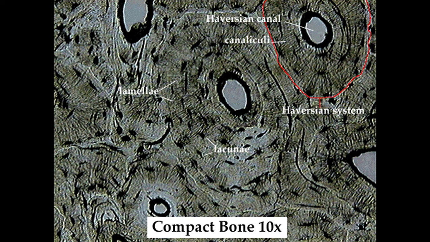Okay, so on the upper part that is circled by an orange color, we have the Haversian canal, canaliculi, lacunae, and the lamellae. So these are the Haversian system that are found in compact bone.